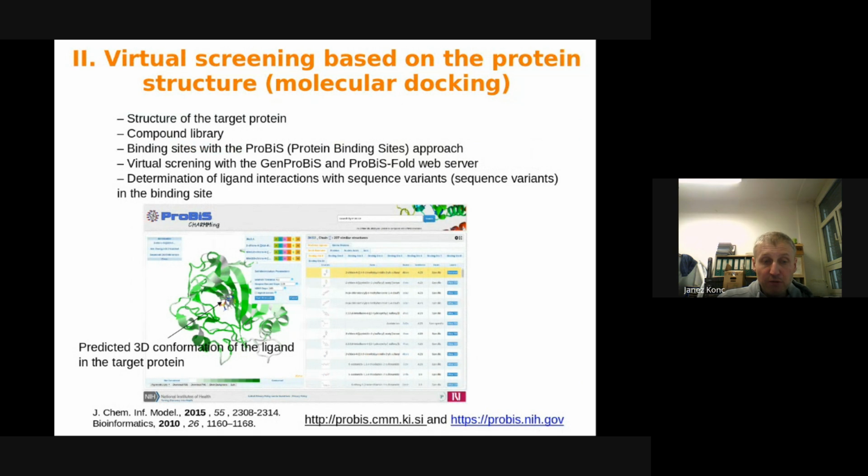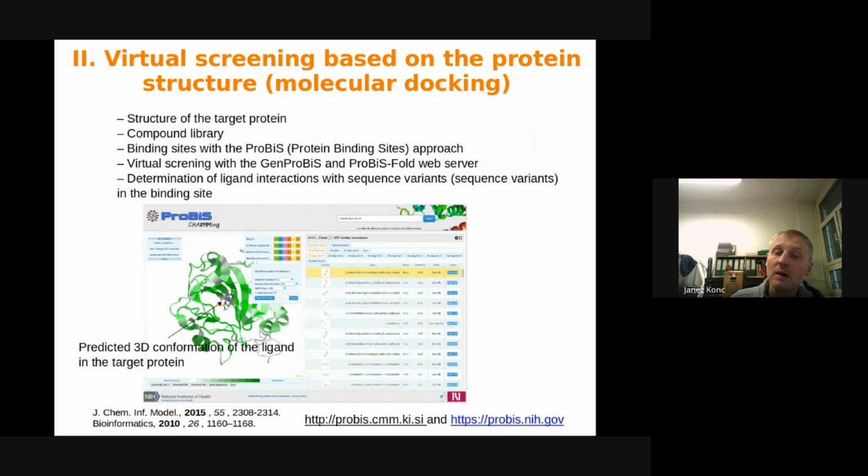So now we come to the second part of my talk, which is virtual screening based on the protein structure, or in other words, structure-based virtual screening, which is also sometimes called molecular docking, but molecular docking is a little subgroup of this virtual screening based on protein structure.